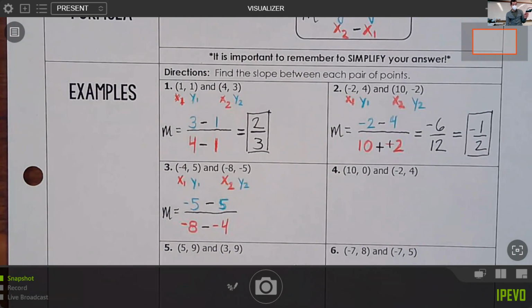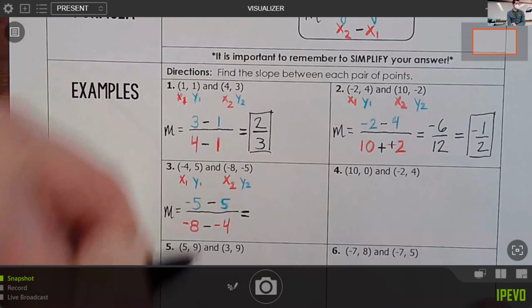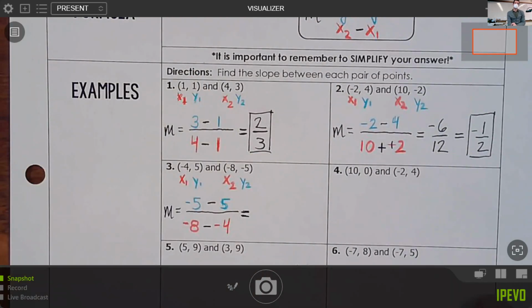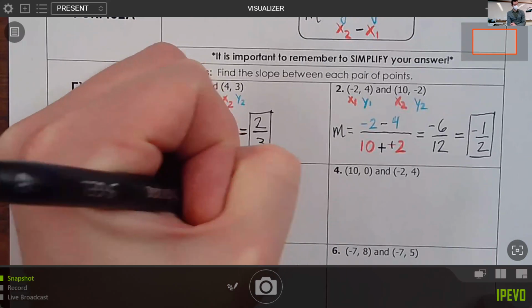Just to clarify, -5 minus 5 is not 0. What is -5 minus 5? -10, yeah. If you start at -5 and you take away 5 more, you end up all the way down at -10.